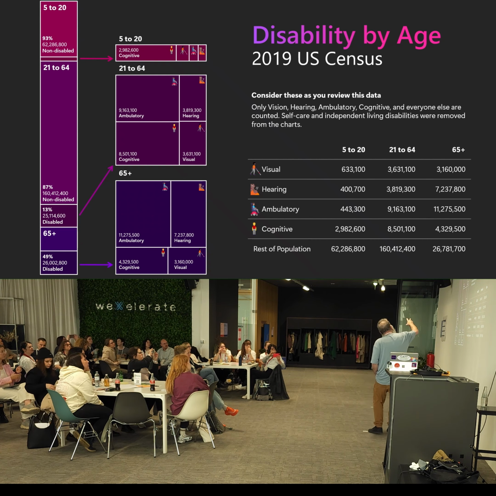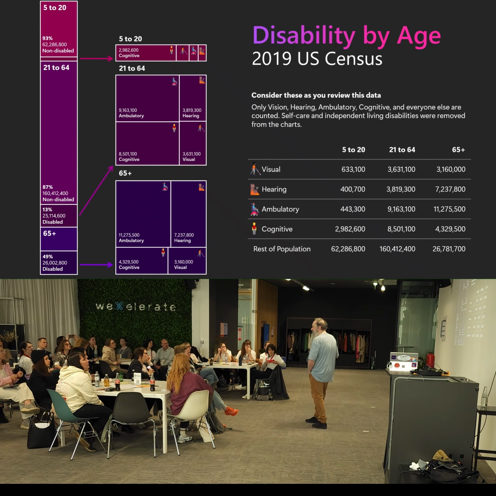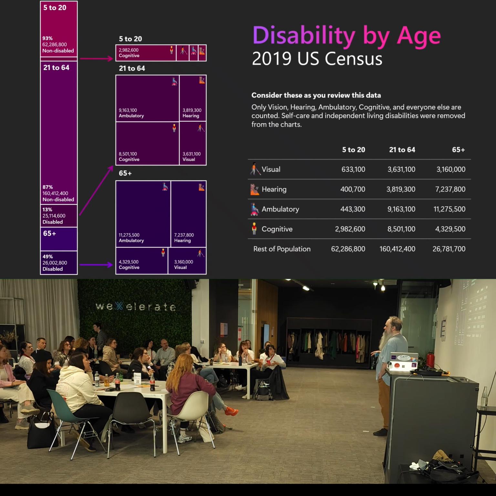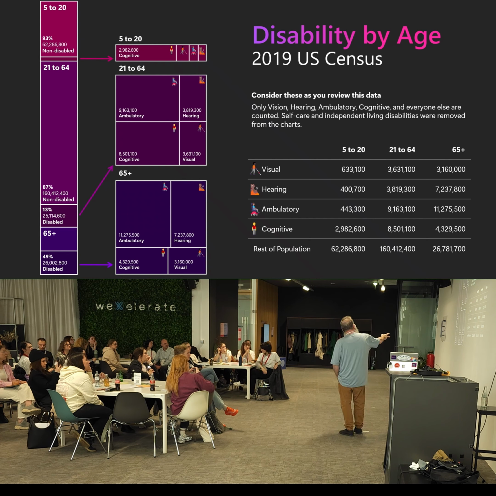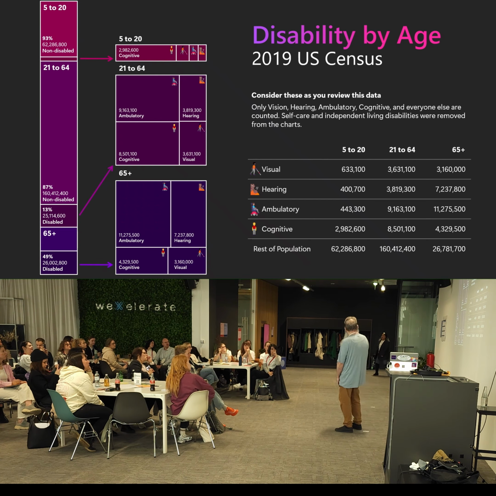As you move from ages 21 to 64, AKA working years, at least in the US, you start to see a little bit more distribution. People start to acquire disabilities as they age. And then as you get to 65, you see that ambulatory, hearing, and visual are huge, and cognitive is not as big anymore. It's just how things roll out.